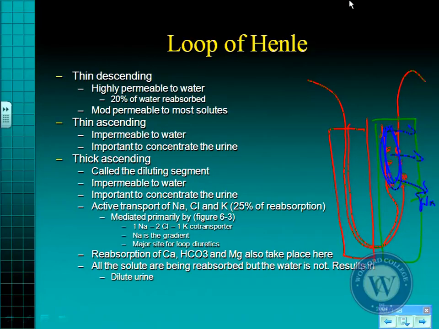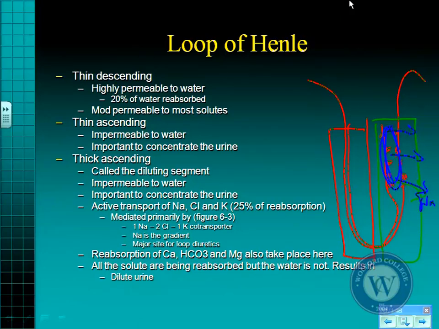The active transport mechanisms here are the sodium-potassium pumps, and they're responsible for about 25% further reabsorption of sodium. And they're mediated basically by sodium-chloride-potassium co-transport systems. But by far the most important thing that you're moving across is sodium.